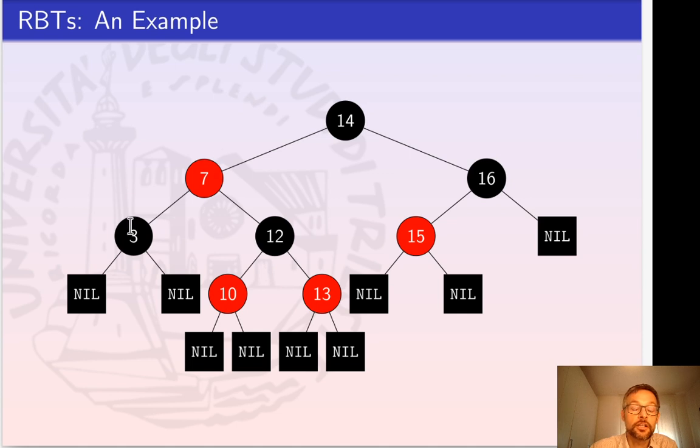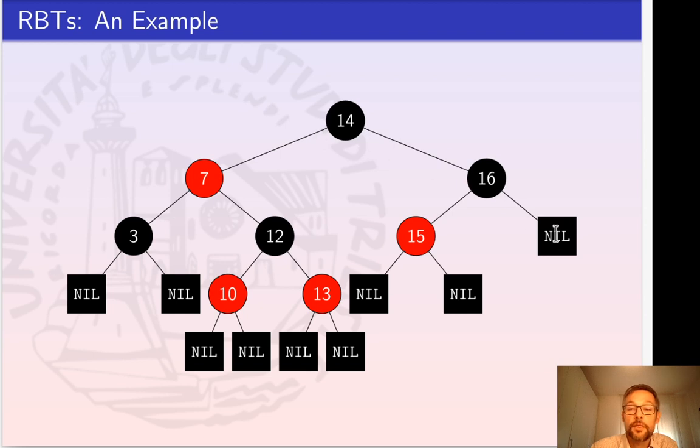Simply, we colored the nodes, and moreover we have the property that from each node the number of black nodes from that node down to the leaves is the same for each branch. So let's move on this branch. For instance, we have 1, 2, and if you want 3 nodes. Let's try 2 black nodes, of course. Let's move on this branch, which is shorter because here we have 4 nodes.